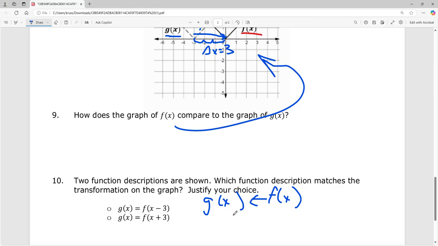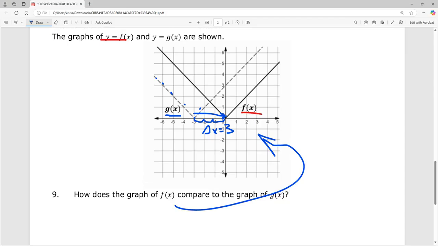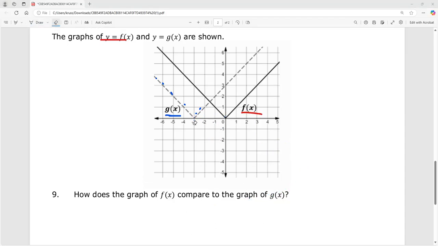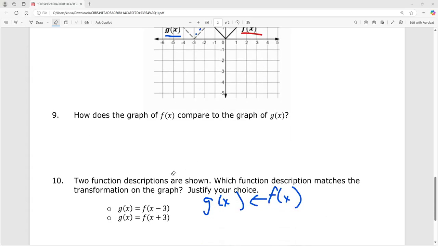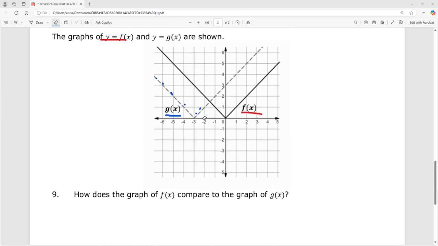Hold on a second. All right, so we're going from f sub x. We're trying to say what is g sub x in terms of f sub x. So if I want to go from f sub x to g sub x, I have to subtract 3.